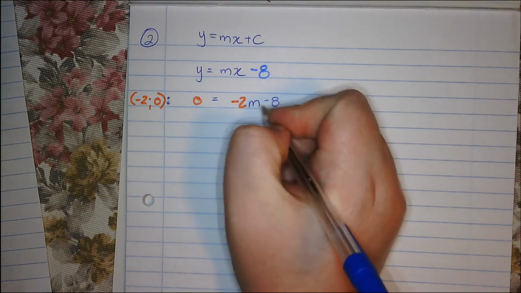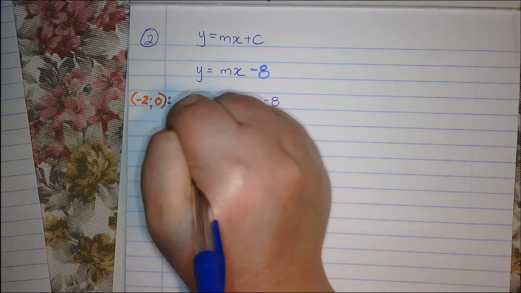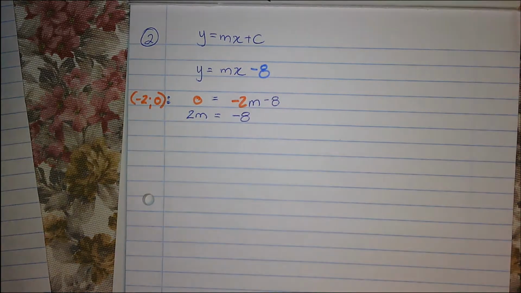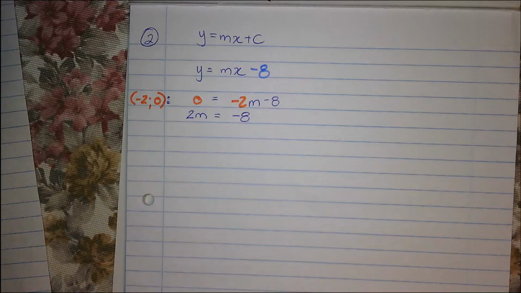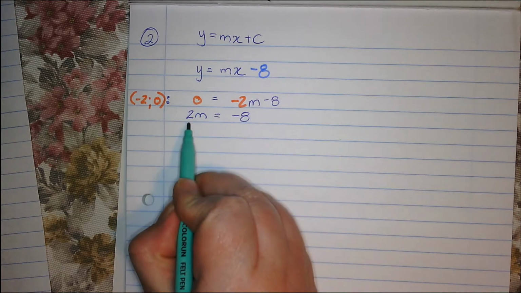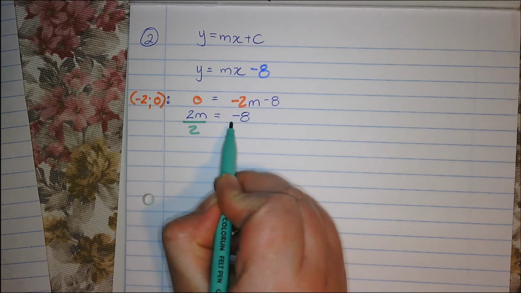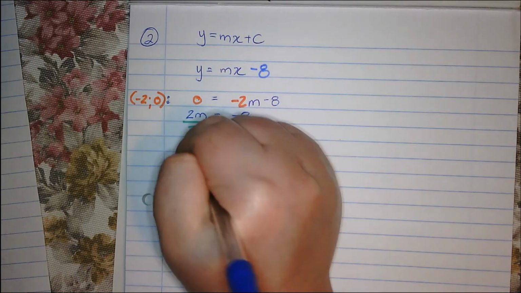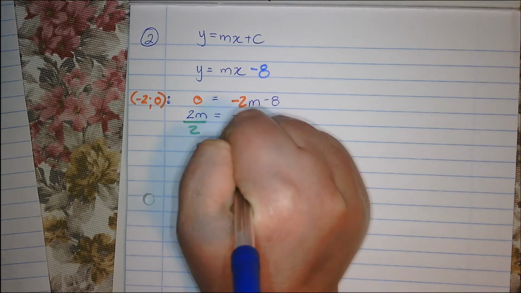Going to take the negative 2m over. Its sign changes when it jumps over the equal to sign. This is a normal equation. If you are struggling with these linear equations, you do need to go revise your grade 8 equations. I'm going to divide by 2 on both sides. That leaves me with m equal to negative 4.